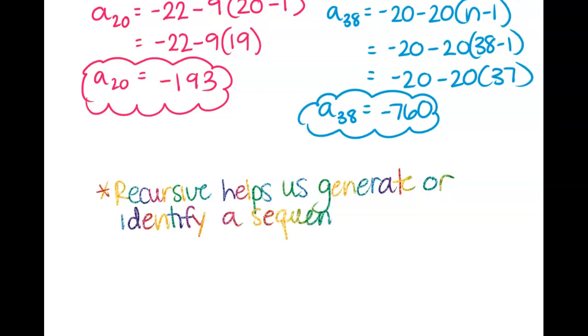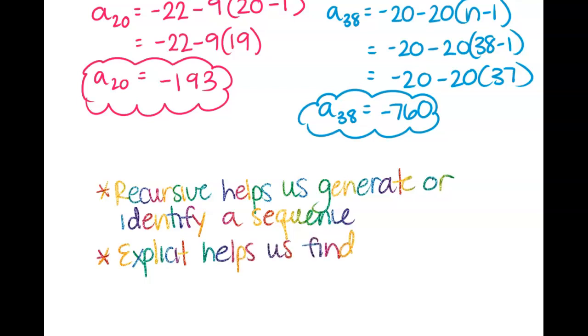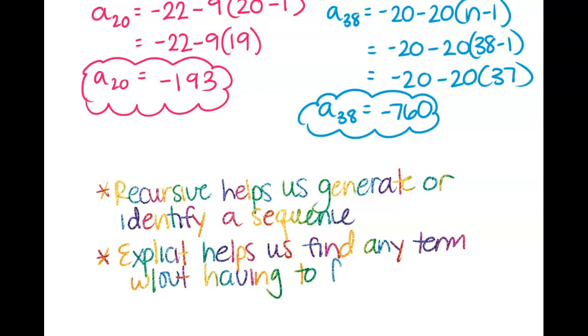So when we're finding the differences to see if they're constant, we're looking at it recursively, or when we're finding new terms. Explicit helps us find any term without having to find all the previous terms.